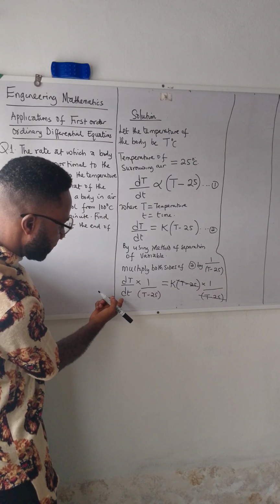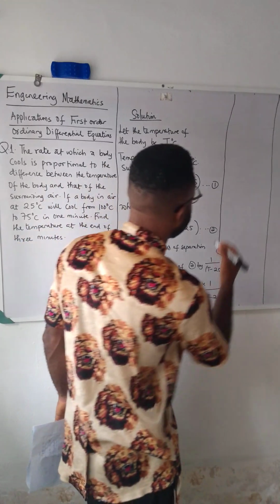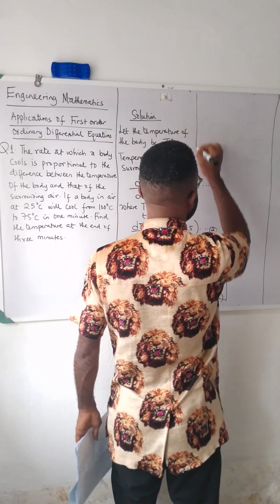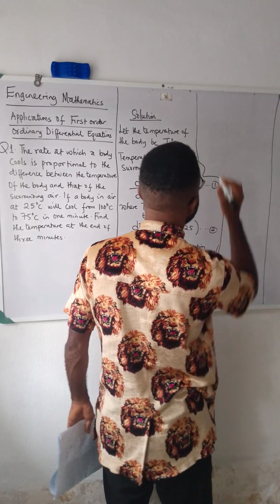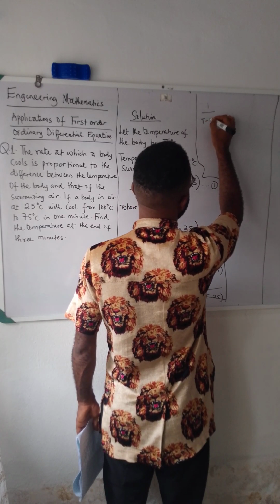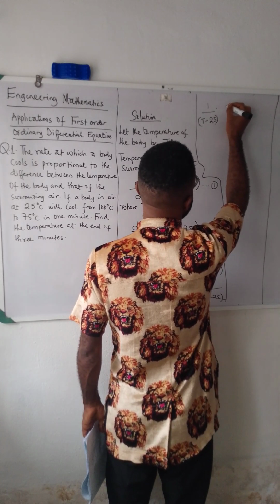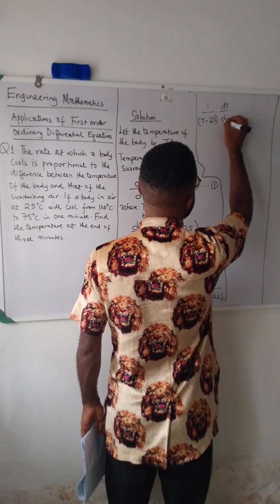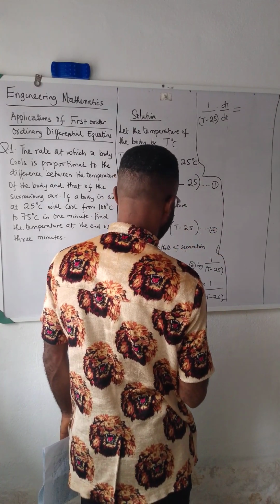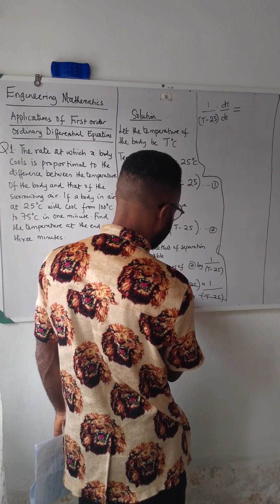From the left hand side of the equation, we are going to have 1 over T minus 25, dot, the dot means multiplication, dT over dt with respect to time, equal to, and what we are going to be left with on the right hand side of the equation will just be k.